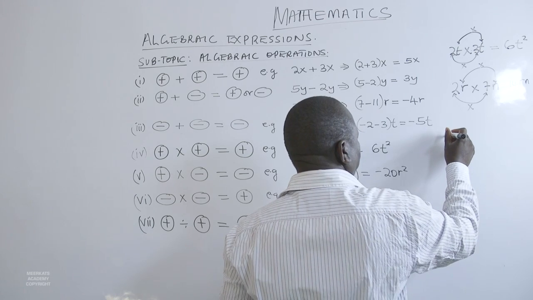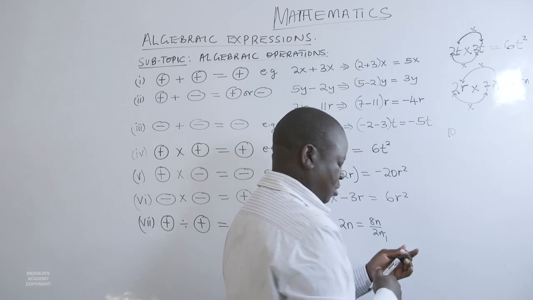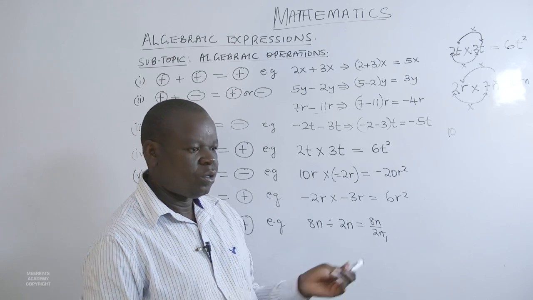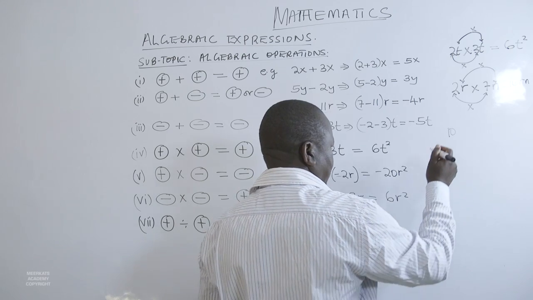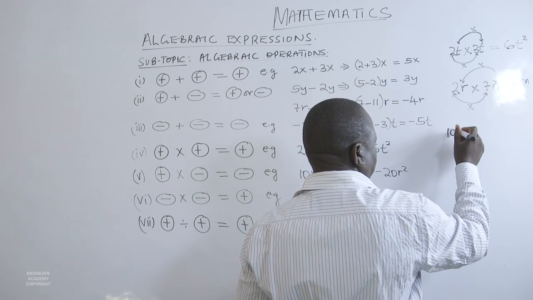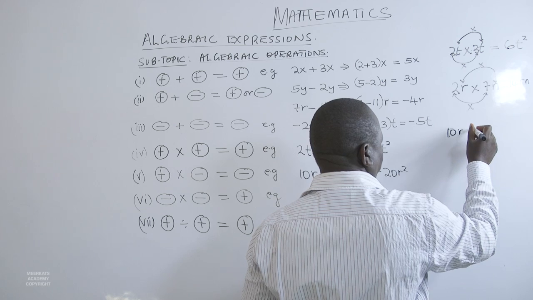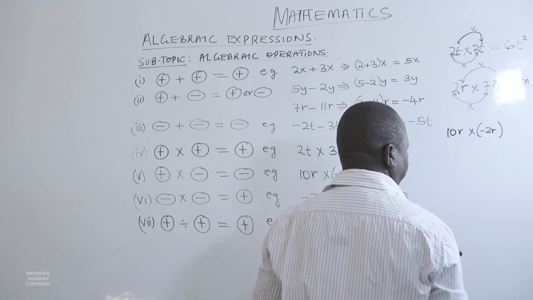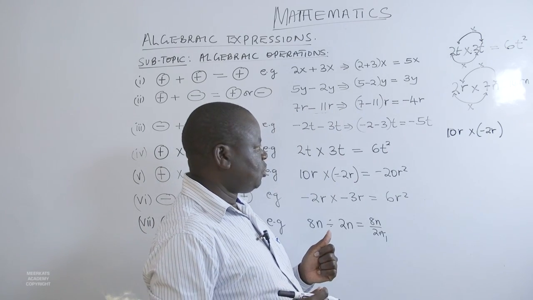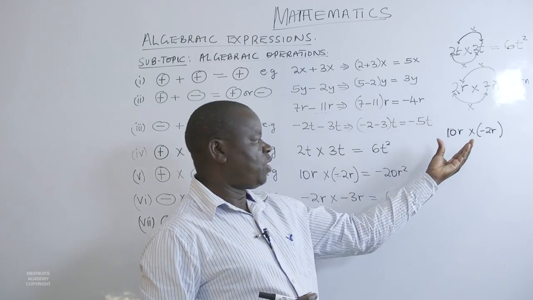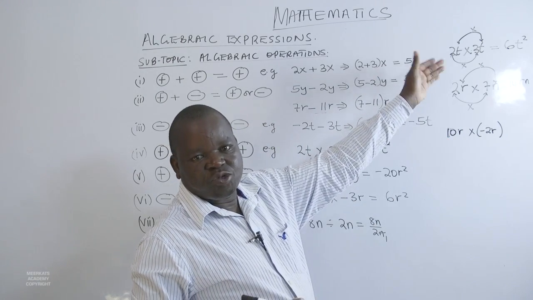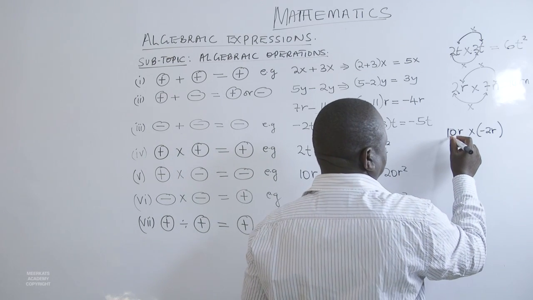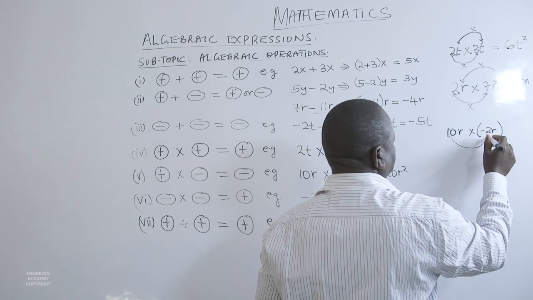We have positive 10 multiplied by negative 2r. So we follow the same procedure as we have explained in the first two cases. Multiply the coefficients first.